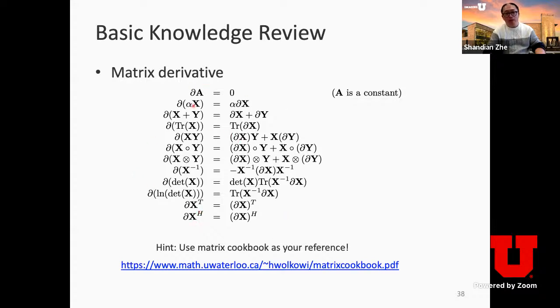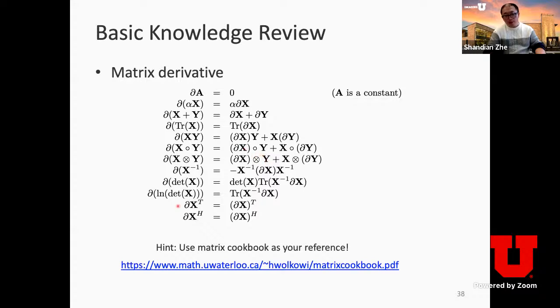So we have the partial derivative of a constant matrix A to be simply 0, where 0 is the zero matrix with the same size as A. The partial derivative of a constant alpha multiplying x is alpha times the derivative of x. The partial derivative of x plus y equals partial x plus partial y. The partial of trace of x equals trace of partial x, and all kinds of stuff.